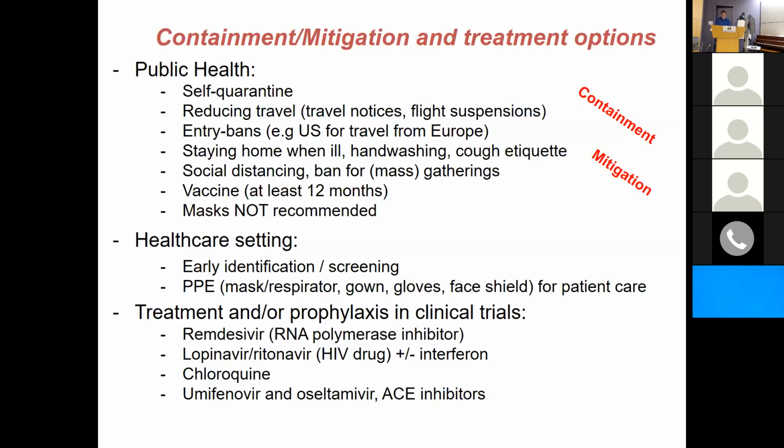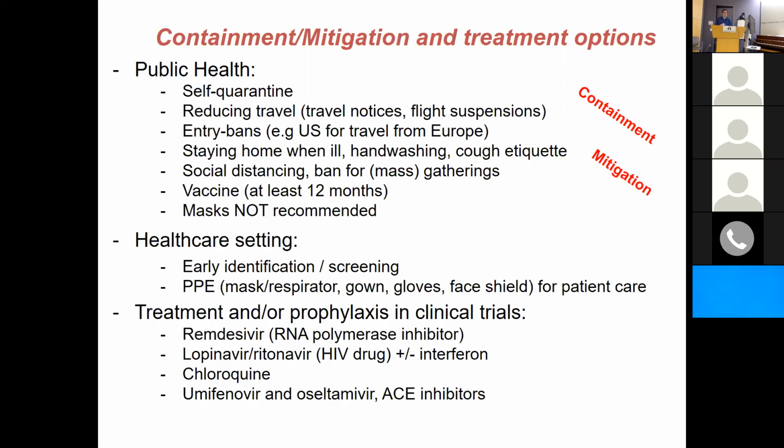In the healthcare setting, what we do mostly is early identification and screening, making sure that no people come in without being identified as at risk for having it to prevent the transmission from happening. Now, as I showed you in terms of potential transmission in the pre-symptomatic phase or even for asymptomatic people, even this will not shut it down, right?